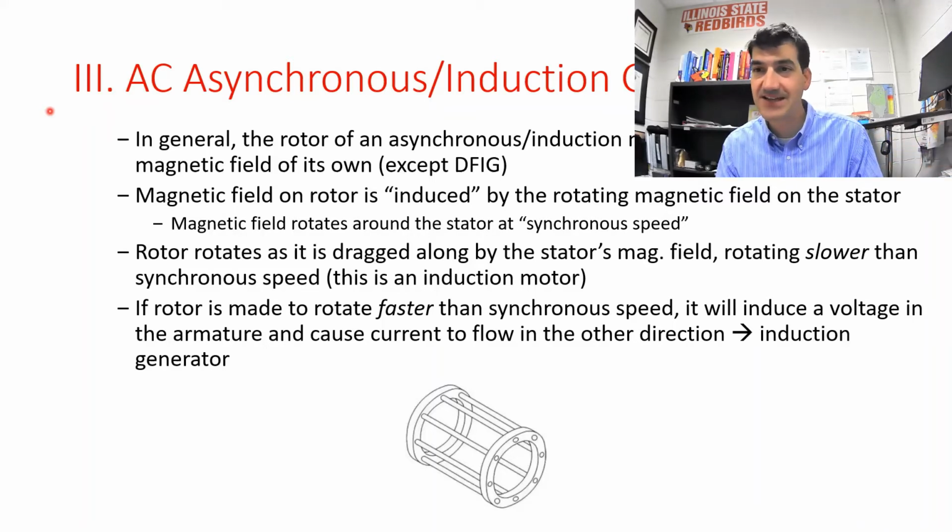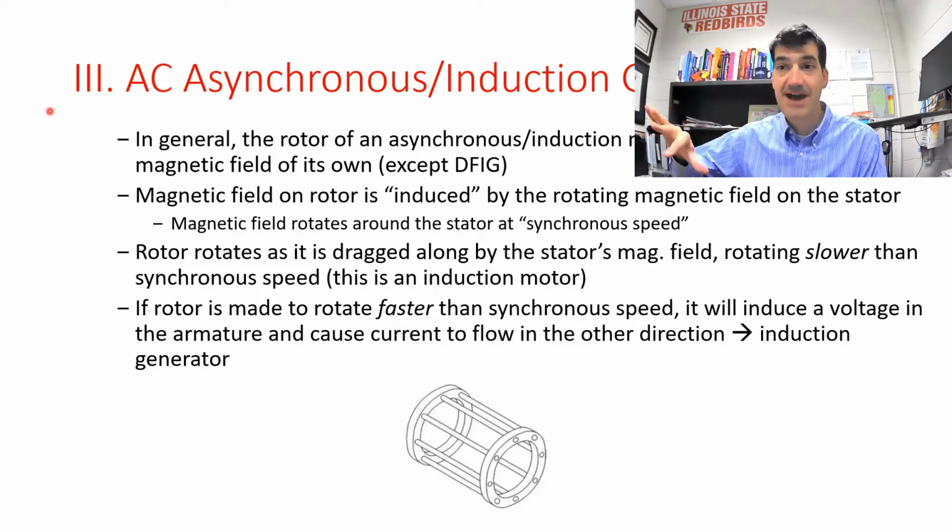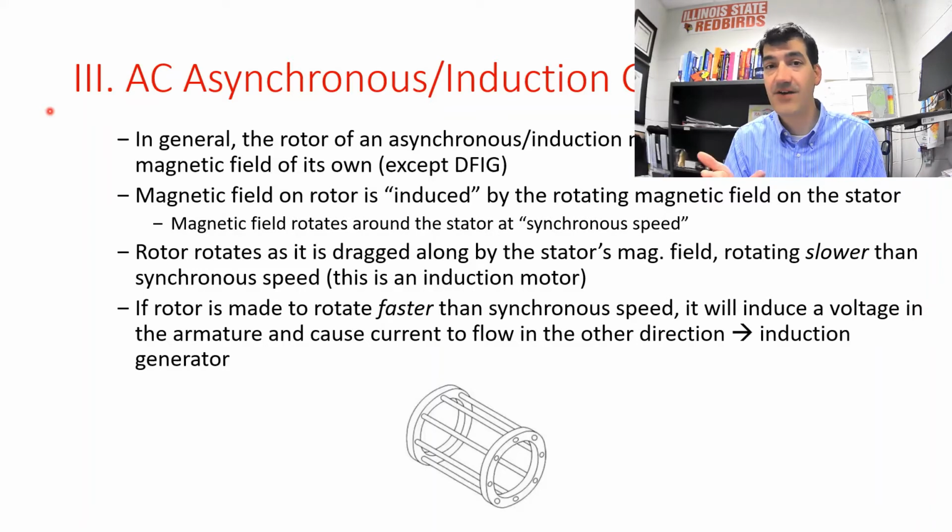So it's really nice to be able to allow for variability in the input speed and still produce the same output frequency. That's the nice thing about asynchronous or induction generators: there isn't that direct correlation between rotor speed and output frequency.